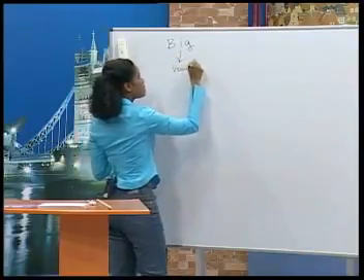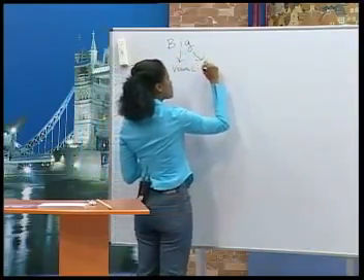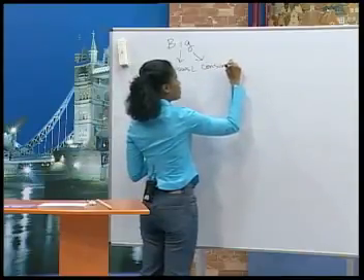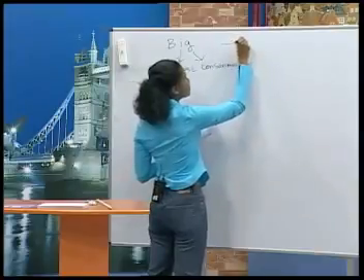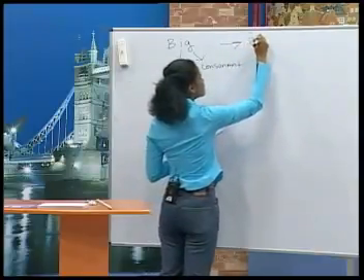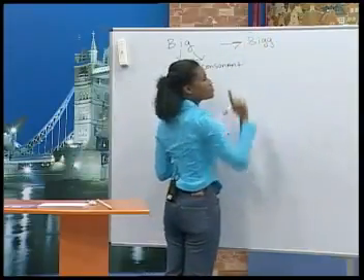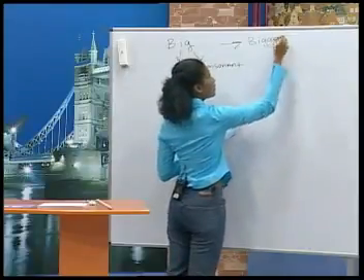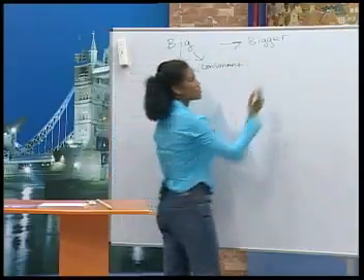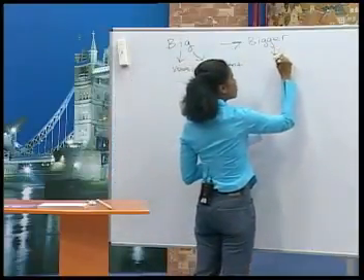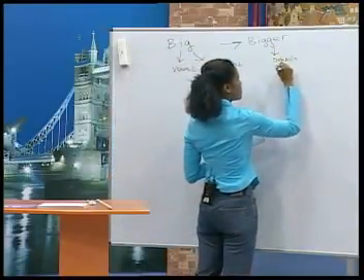So we have first the vowel, then the consonant. In a one-syllable word, so we have to double the consonant before adding ER. So big becomes bigger. So we double the consonant.